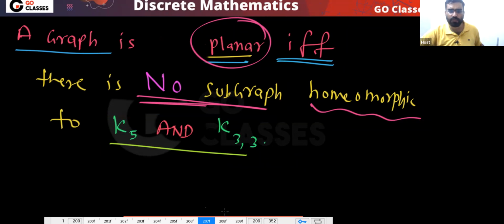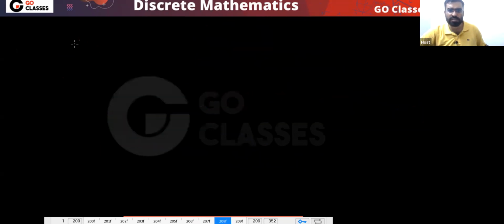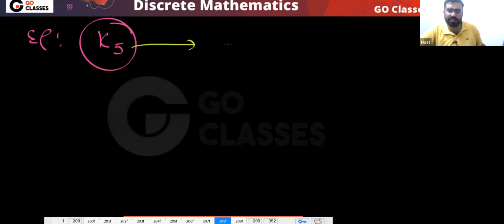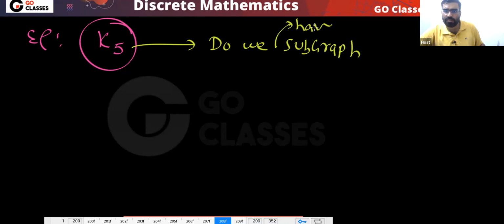See, this statement is false because you can notice if I take this graph K5, do we have a subgraph in this K5? Please tell me this point. Don't worry about homeomorphic, I will tell you what it is.